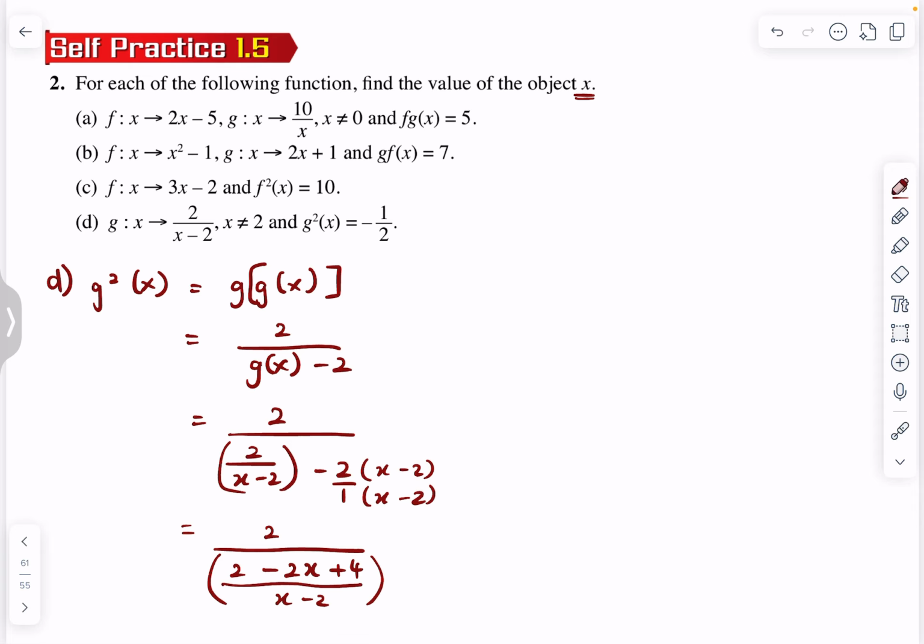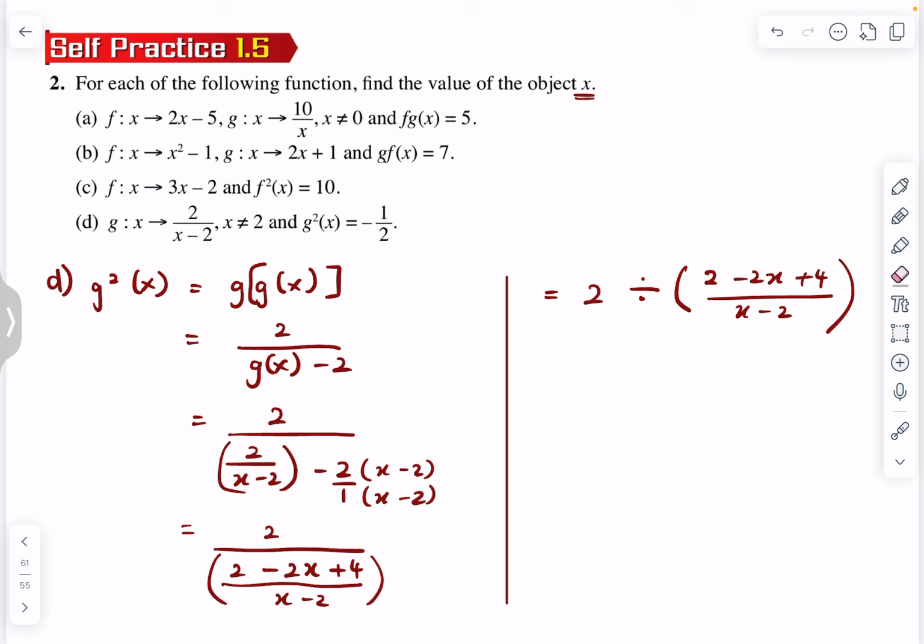Okay, so if you have division in a fraction, we can write this like this. 2 divided by, it is 2 divided by this whole thing, right? So we write 2 divided by 2 minus 2x plus 4 over x minus 2. If you want to simplify this also can. So this is plus 4 and 2, so you can make it 6 minus 2x.